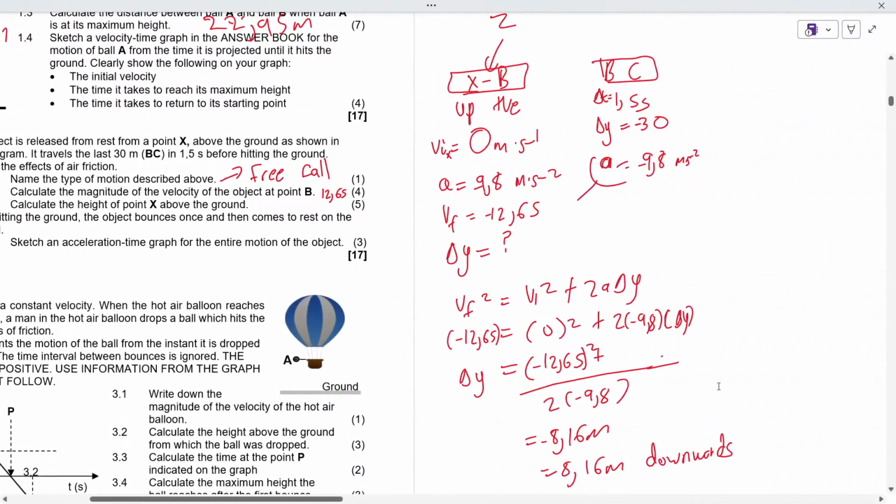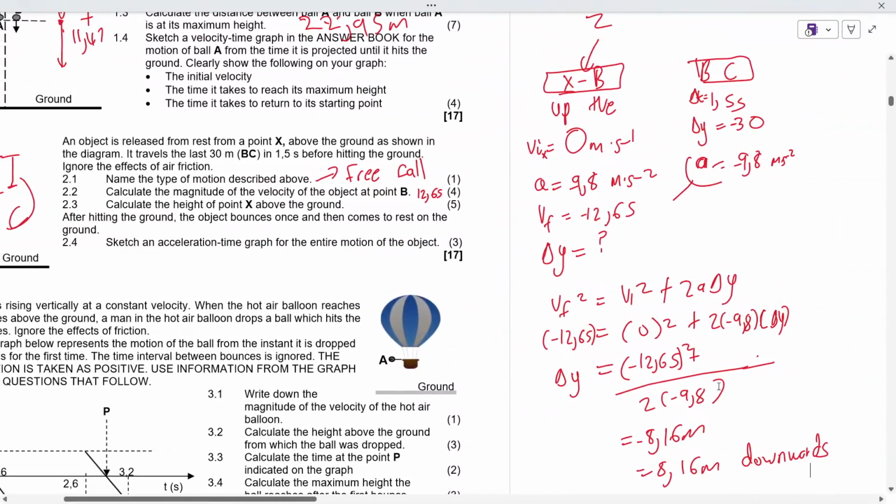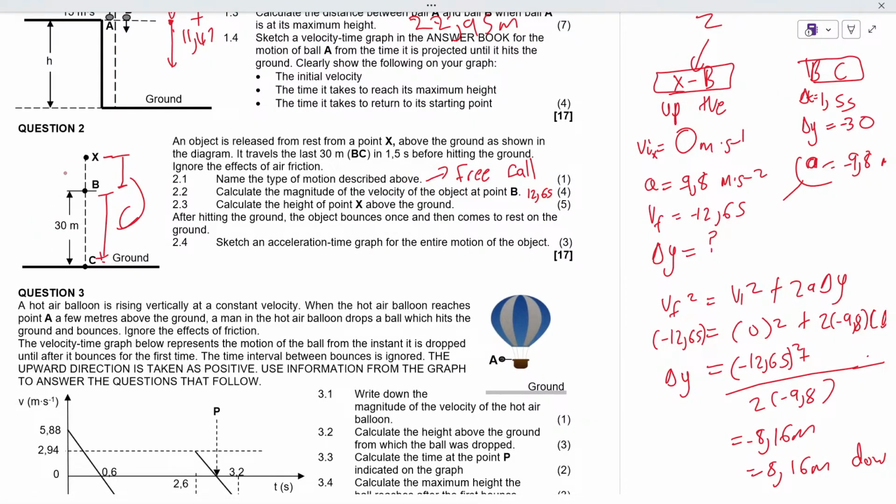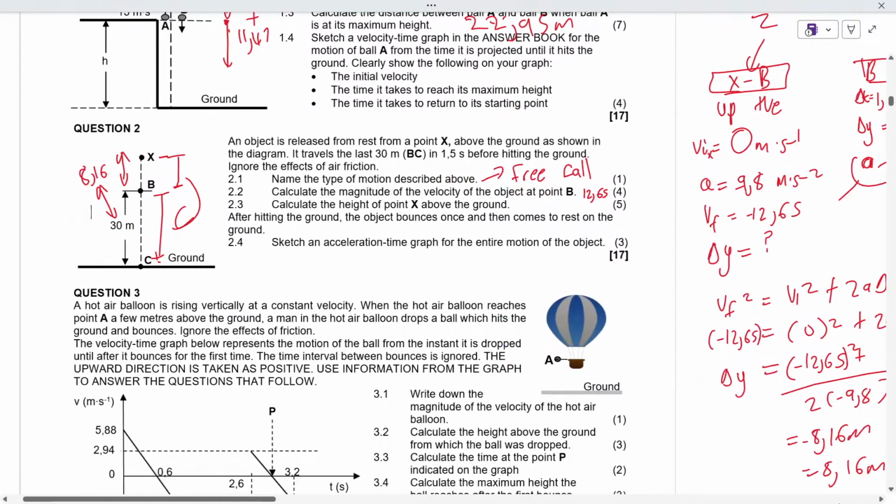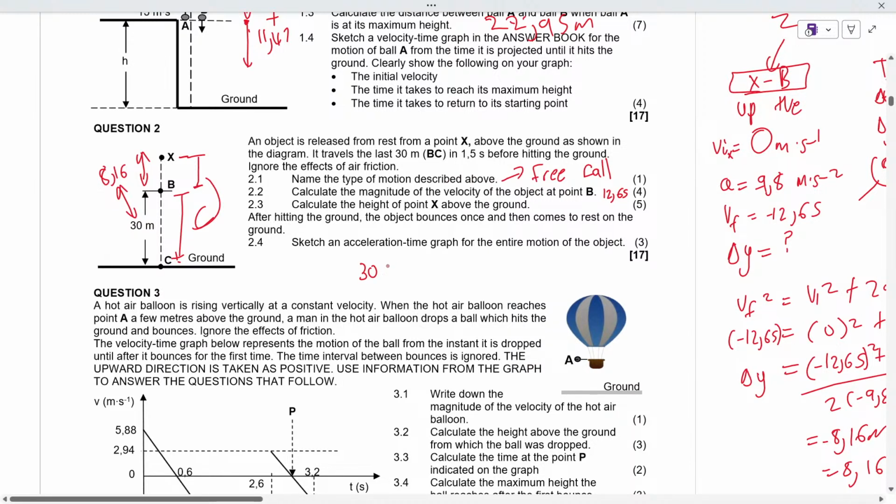Because we get this distance from here to here, which is 8.16, we have to add it to this one. 30 plus 8.16 will give us the height of X above the ground, which is 38.16. And then we just put it here, 38.16 meters. So do you understand? Do all of you understand?